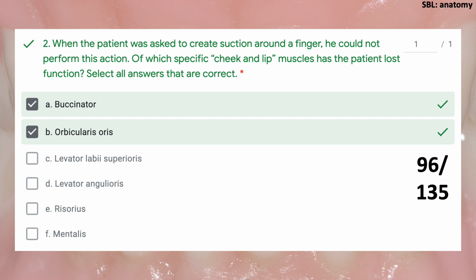I was hoping most people would pick B, at least, orbicularis oris, because in order to create suction around the finger or concentrate handle with the lips, you have to use the muscles around the lips. So that's orbicularis oris. If you did a little looking up, buccinator also can contribute to this action, because with buccinator, our cheeks will get close to the buccal surface of the posterior teeth.